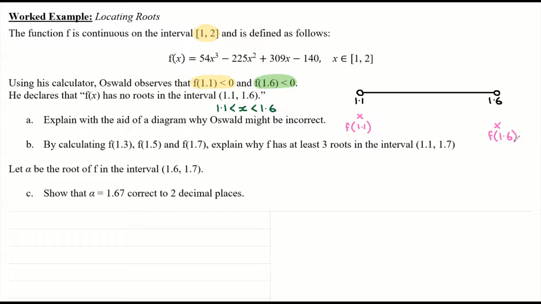To break the theorem, we've not met the second condition once again. We don't have a change of sign in the function. But if the conditions were met, then that would show you that you have at least one root in the interval, or an odd number of roots. Now, in this situation, to break that theorem, you would either have no roots at all, or you would have an even number of roots.